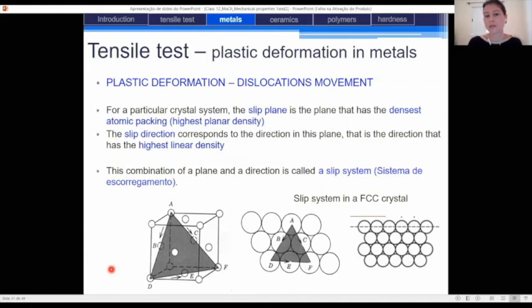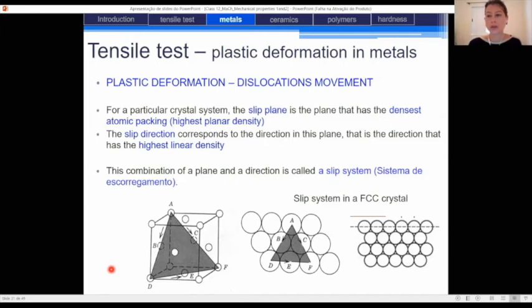We explained that for a particular crystal system, for a particular metal, there are slip planes, which are the planes of the more dense atomic packing, so the highest planar density, and the slip direction of the movement of this dislocation corresponds to the direction in this slip plane that has the highest linear density.